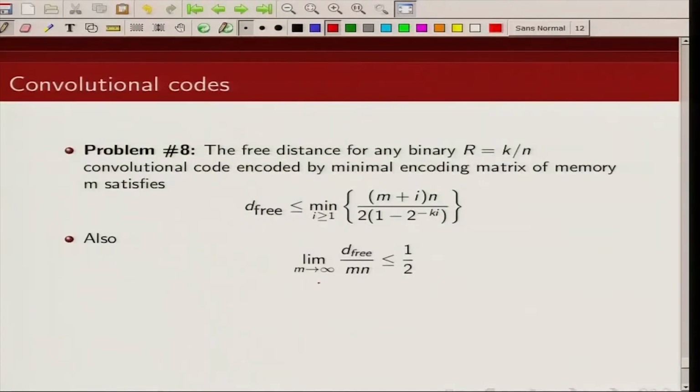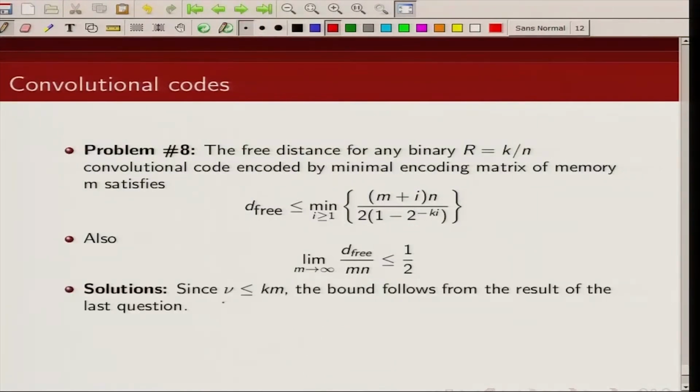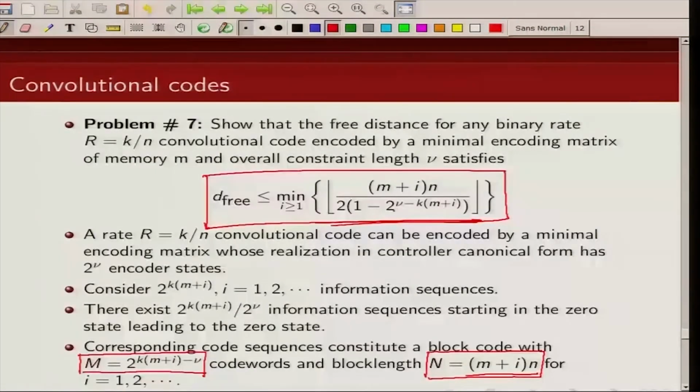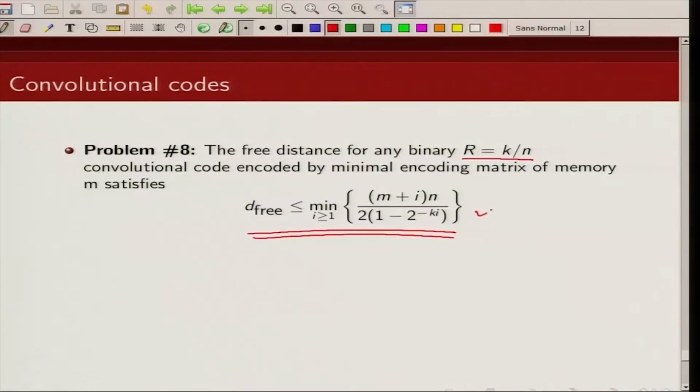And also we will show that this relation holds. So, since the overall constraint length is less than k times m, then if you go back to this expression, mu minus km is actually less than 0. So, we can then upper bound this by just 2 raised to the power minus kl. So, if we do that, we get this expression. Okay.